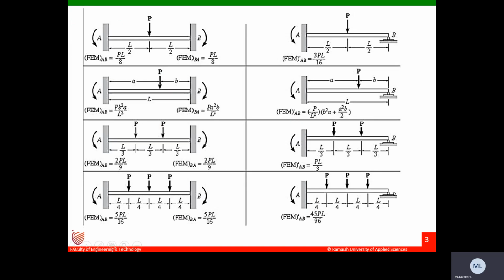Here there are some standard cases for fixed beams, and the fixed end moments for those beams are given here.